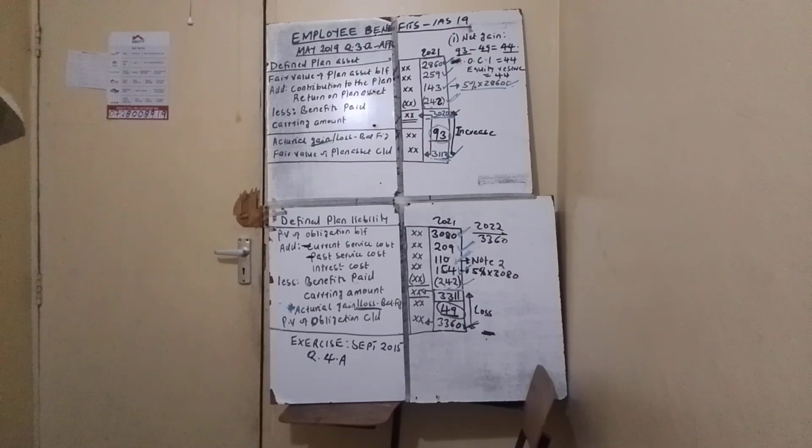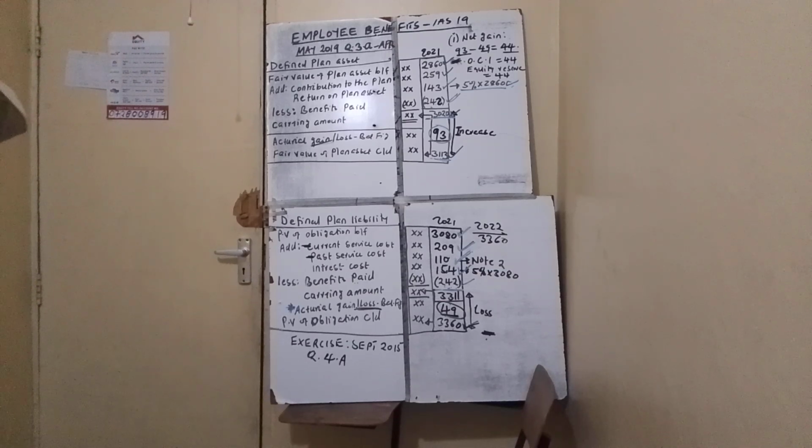Then long-term benefits, benefits falling due in a period exceeding 12 months, for example study leave. So short-term benefits are paid within the course of the year, then long-term benefits are paid after one year.